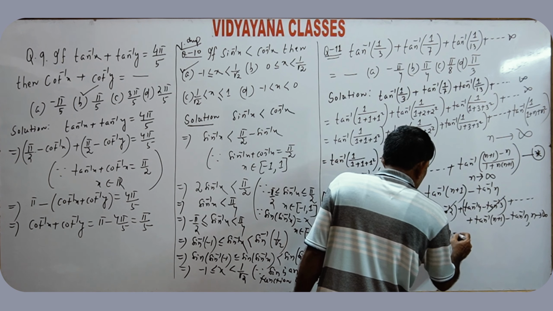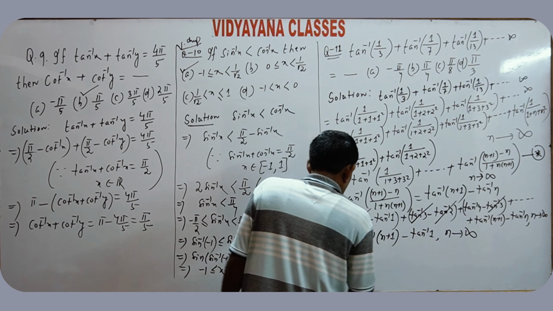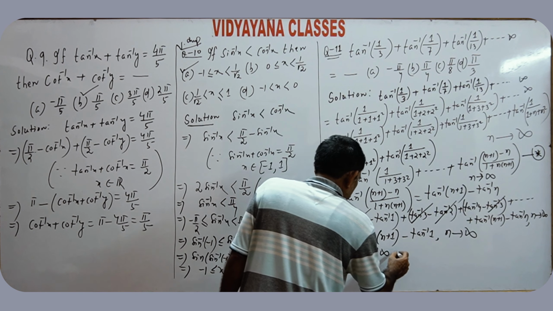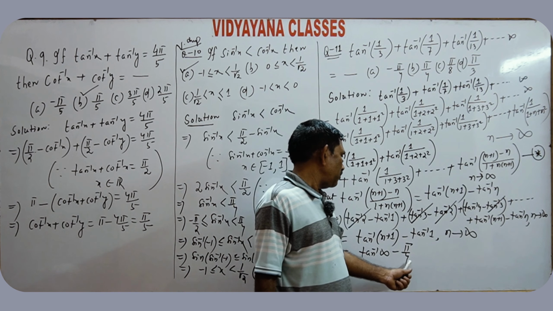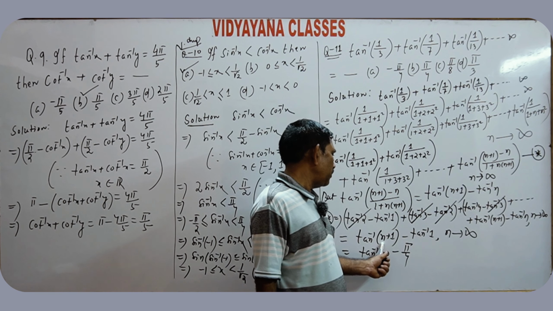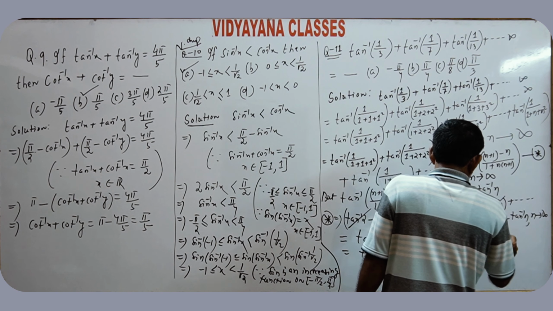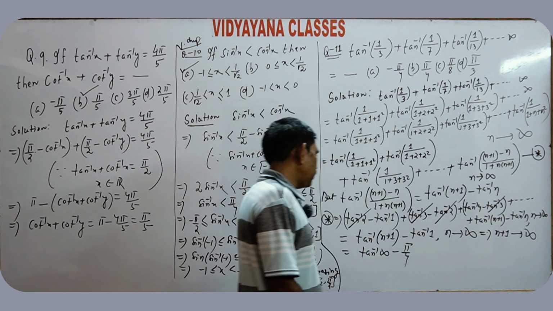N tends to infinity, which is equal to tan inverse infinity minus pi by 4. Tan inverse 1 is equal to pi by 4. N tends to infinity, n plus 1 approaches infinity.